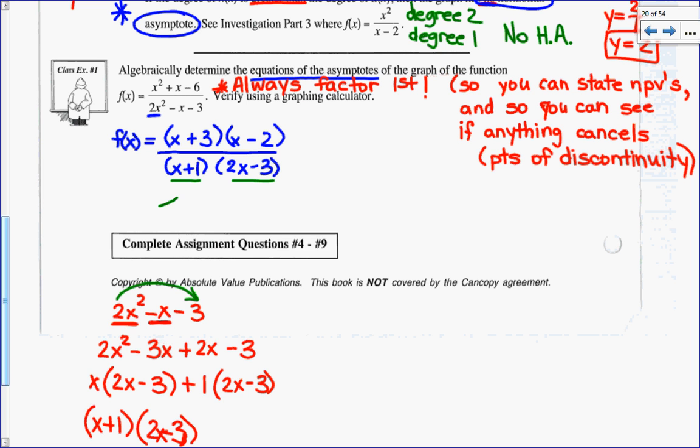So this one cannot be equal to 0, and this one cannot be equal to 0. I have to set both of those. x plus 1 cannot be equal to 0, so x cannot be -1. And 2x minus 3 cannot be equal to 0, so 2x cannot be equal to 3, so x cannot be equal to 3/2.